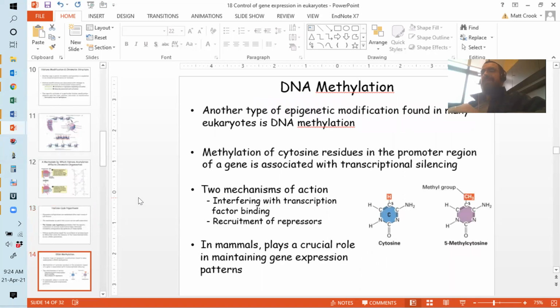Now we also have DNA methylation, right? And so the idea here is that here's cytosine, and here's a hydrogen atom that can be replaced with a methyl group, with a CH3 group. Now this is something that's very common in promoter regions, right?